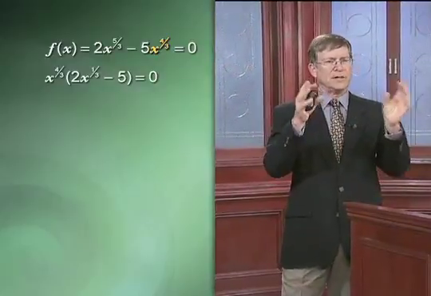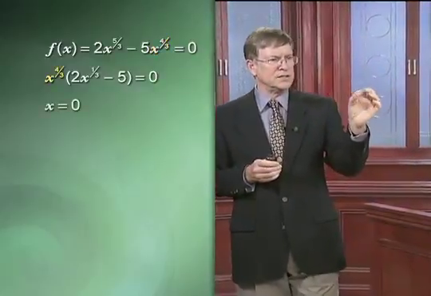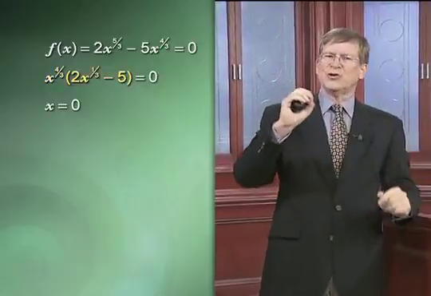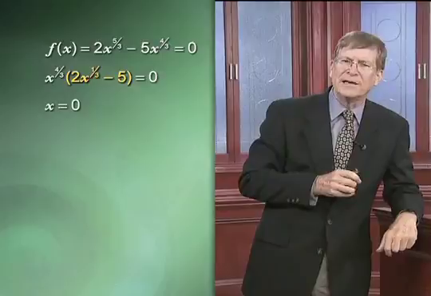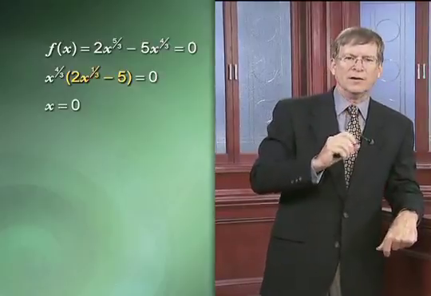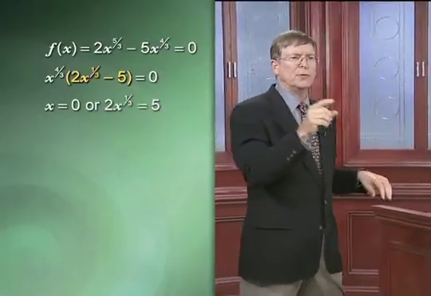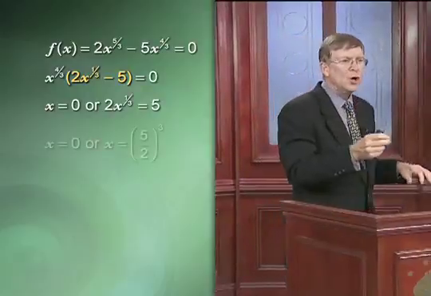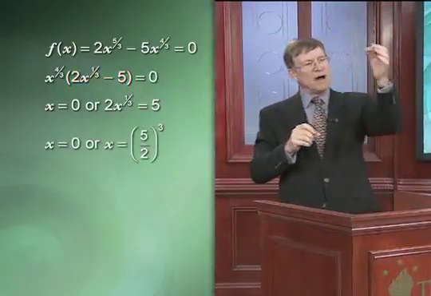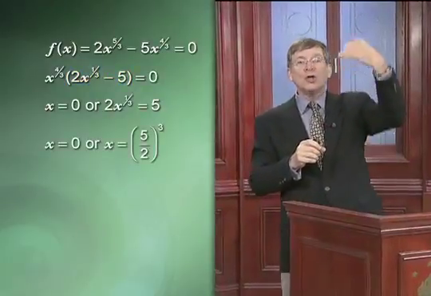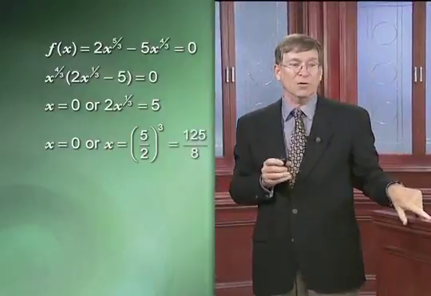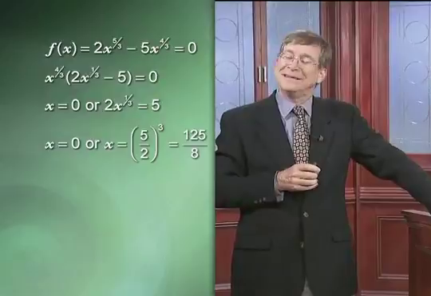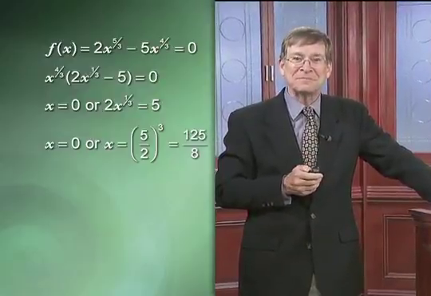Okay, so that product equals 0. That means x is 0, or that second term is 0, which is 2x to the 1/3 minus 5. So let's solve that equation. 2x to the 1/3 equals 5, or x equals 5/2 all cubed. And 5/2 cubed is 125 over 8. Again, pretty rough going, wasn't it?